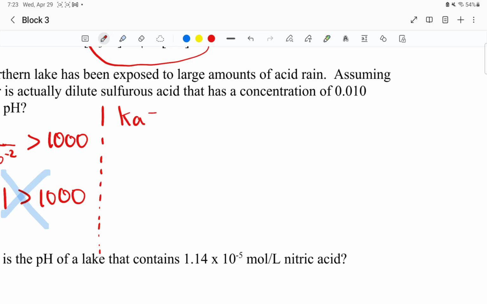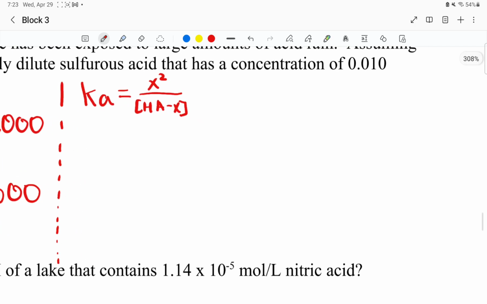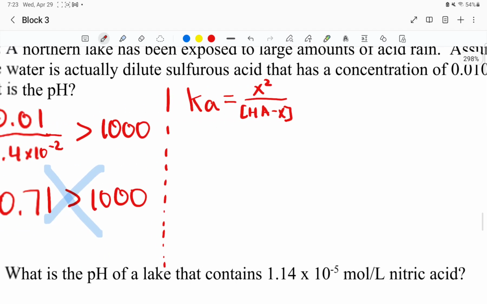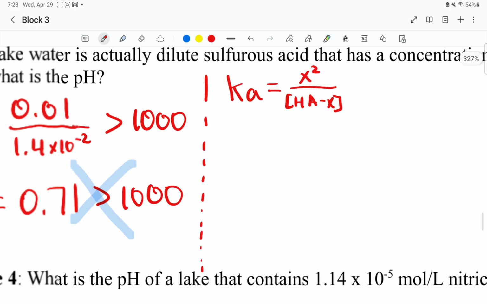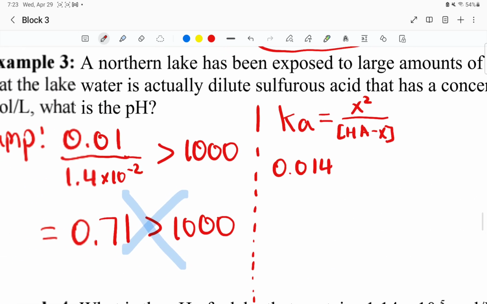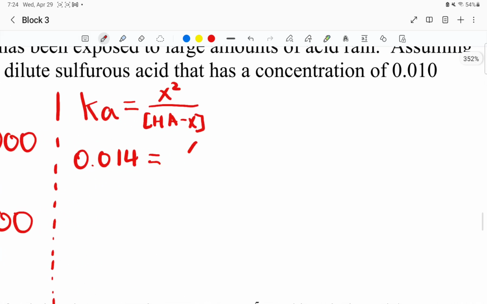we have Ka is equal to x squared over your HA minus x. Now your Ka was, okay, so that's actually 0.014. So 0.014 is equal to x squared over 0.01 minus x.